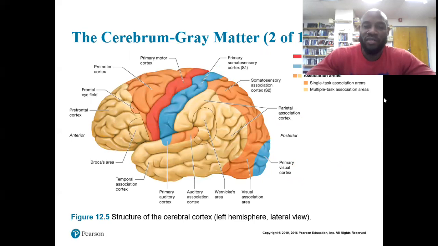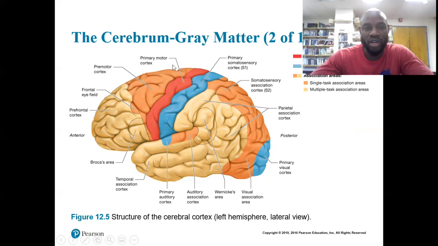Right, so how do we divide the cerebral cortex? And you'll see this is where it starts to get complicated in the brain. We have all different sections: prefrontal cortex, frontal eye field. That's where your eyes are processing information.